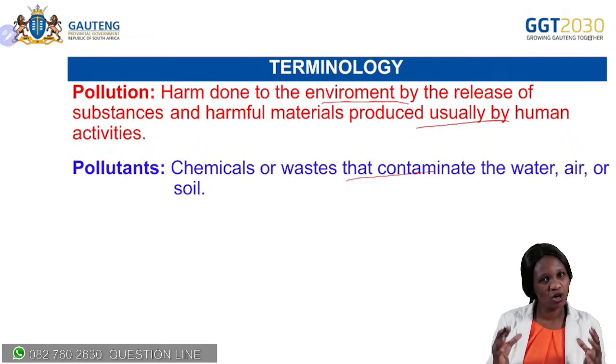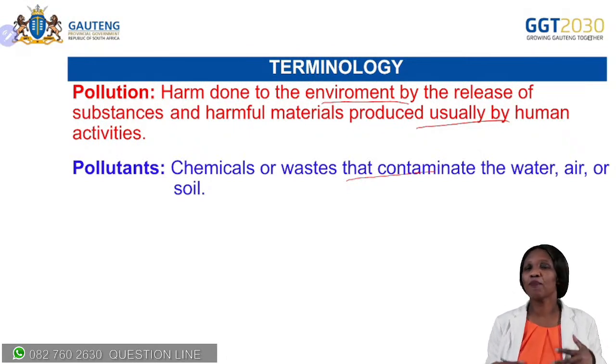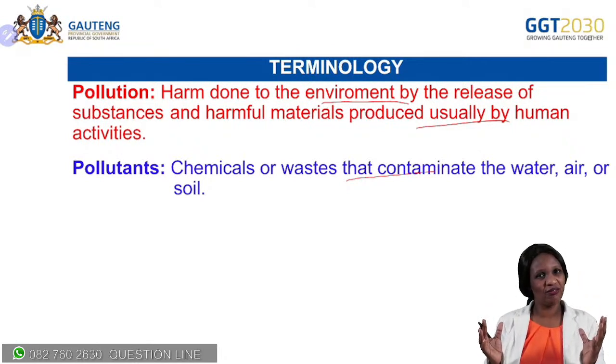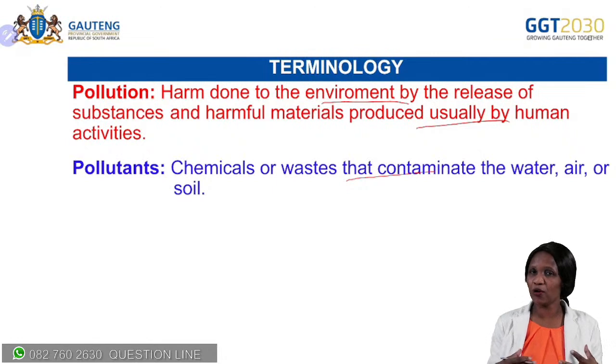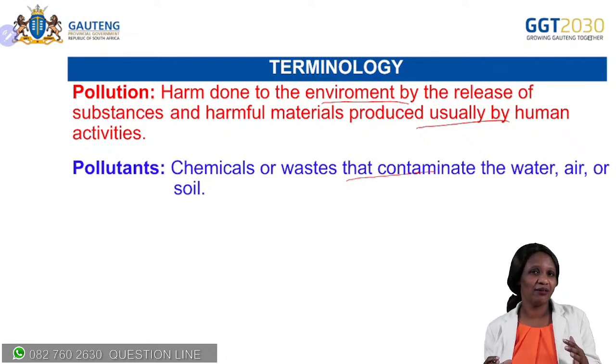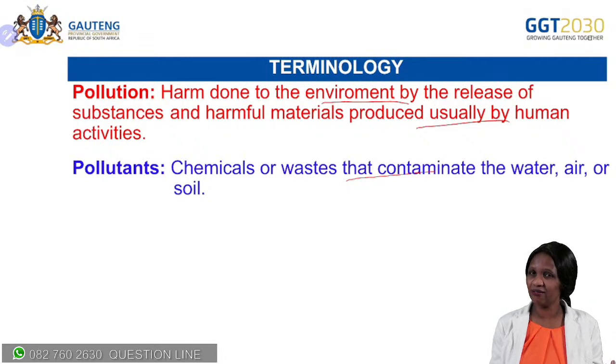That's polluting water. And then air pollution. At times we burn plastic, we burn litter, all right? And then our air will be polluted, all right? And then what about soil? At times we dump chemicals in the soil, and then the soil becomes infertile, all right? Do you get that? Good.